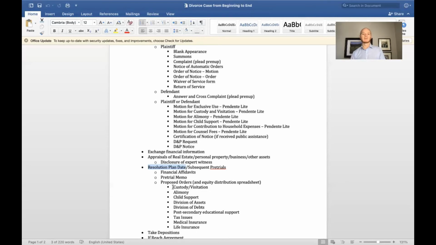So the GAL is a neutral party who will do a lot of the same stuff as what family relations would do through a custody evaluation. The GAL will meet with the child or children. They'll talk to the school or the therapist of the kids or the therapists of the individual parents.